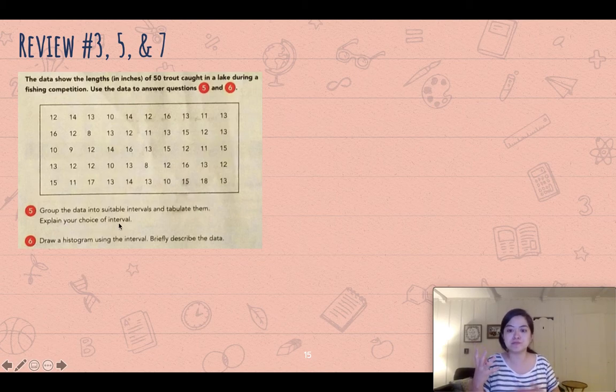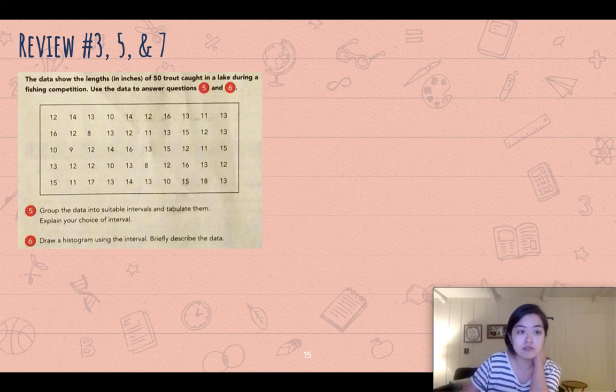So before I figure out my intervals, I want to see how many of each I have. I'm going to try to find my lowest and my highest length.